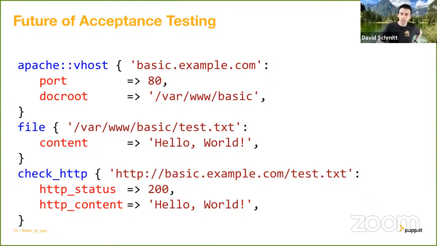But wait, there is more, right? This is also a piece of the documentation for the Apache module. This is how you deploy Apache and configure it with a vhost that hosts static files. Taking a leaf out of behavior-driven development tools like Cucumber, this is a behavior specification, right?